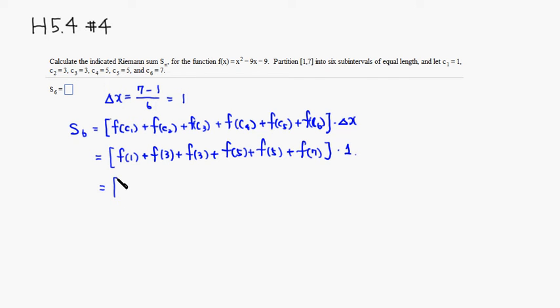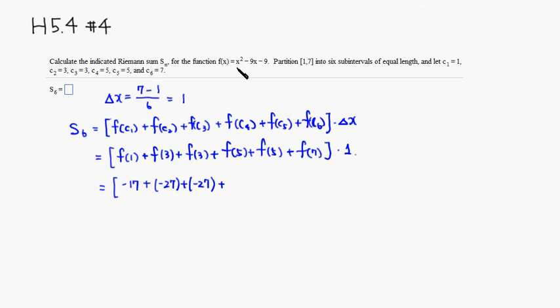f of 1 is 1 minus 9 minus 9, so it's negative 17. Plus, f of 3 would be 3 squared, 9, minus 9 times 3, so the 9s cancel out, leaving negative 27. The next one is exactly the same, so I put negative 27 there.